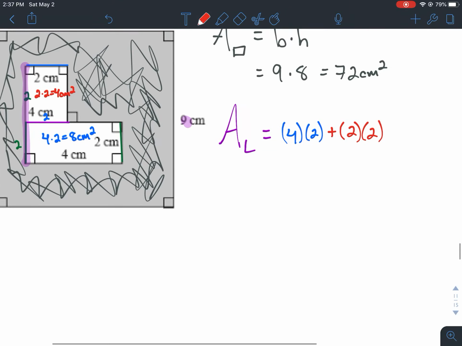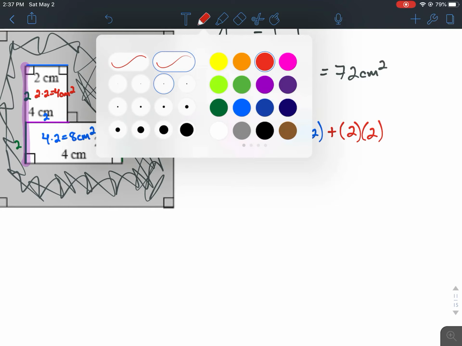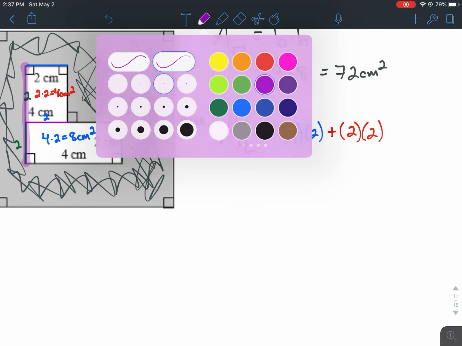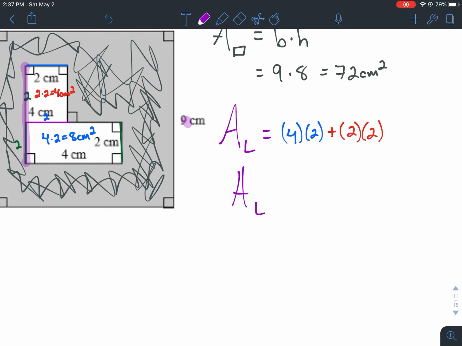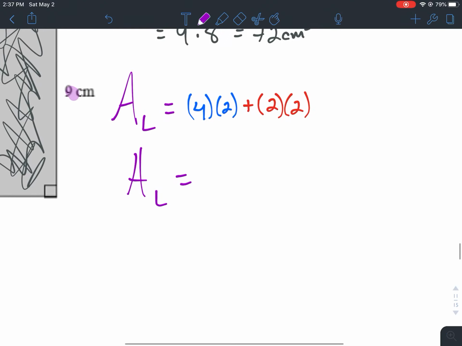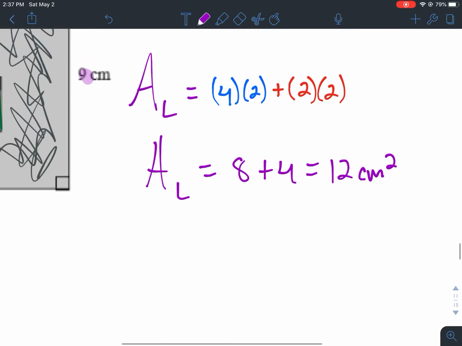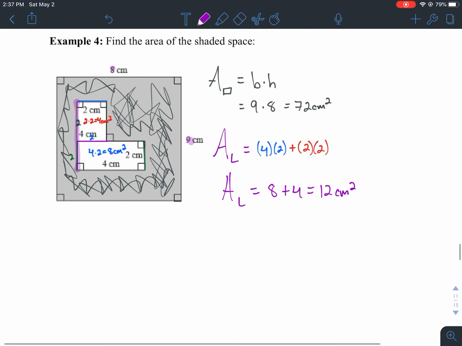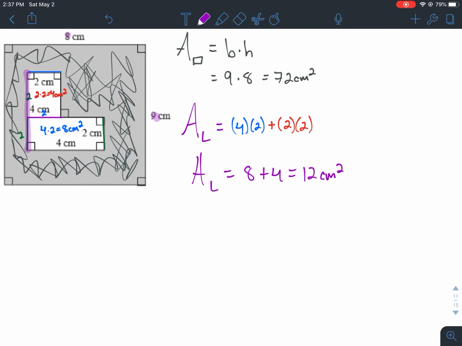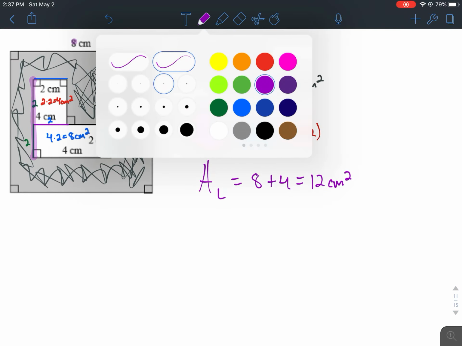So the area of the L ends up being a total of 8 plus 4, which is 12 centimeters squared. So we found the area of the L. It's 12 centimeters squared. We know the area of the bigger rectangle, which is 72.